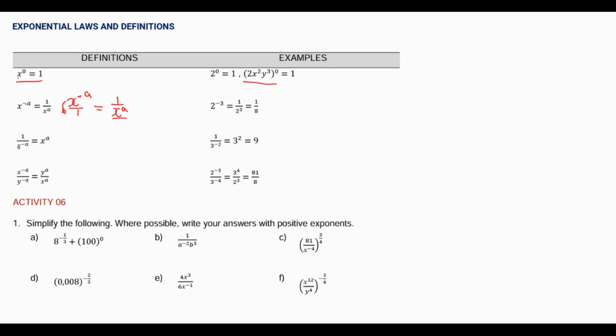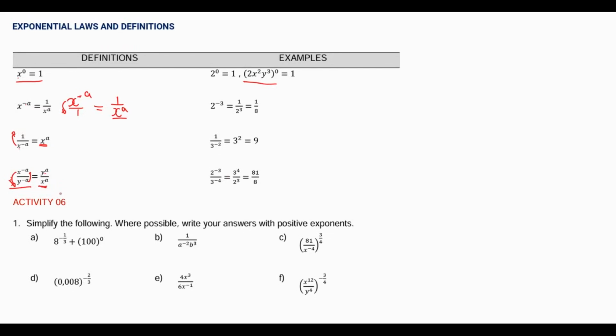Even here, x to the power negative a, if it's moved upwards to become the numerator, it becomes x to the power a. So when a power is moved upwards to become the numerator, the sign of the exponent changes. It's the same principle here. This one moves downwards, becomes x to the power a. And then this one, y to the power negative a, moves upwards, it becomes y to the power a.